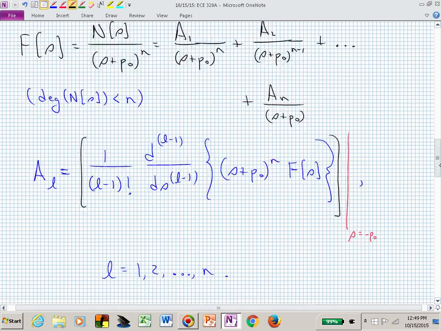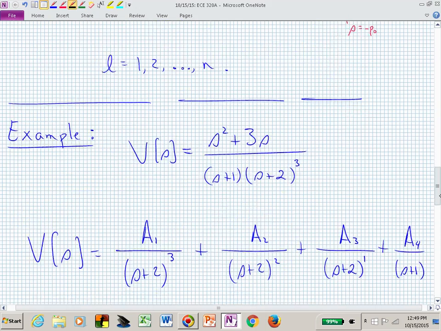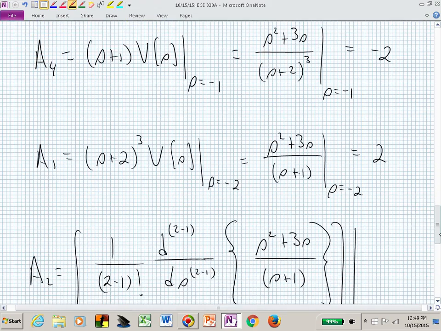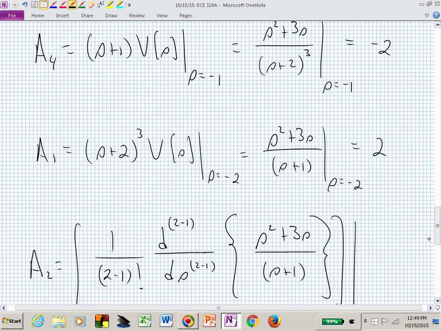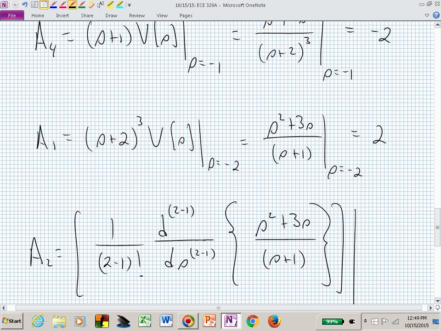And in this case, our highest power was 3. So now, by multiplying v of s by (s plus 2) cubed, that denominator factor is gone. And this is what's left over. Does that help? And then I simply differentiated that once with respect to s.